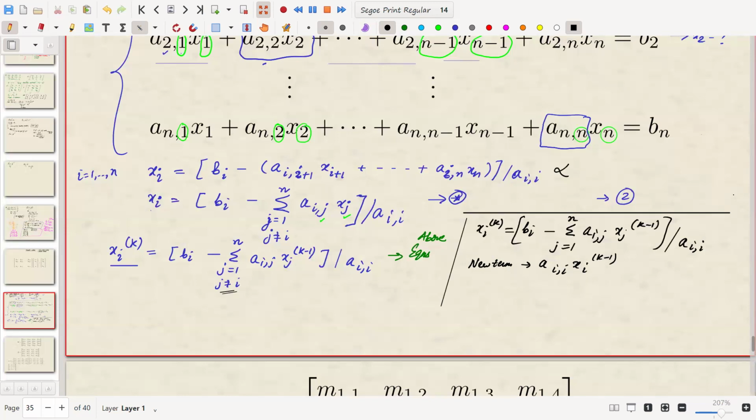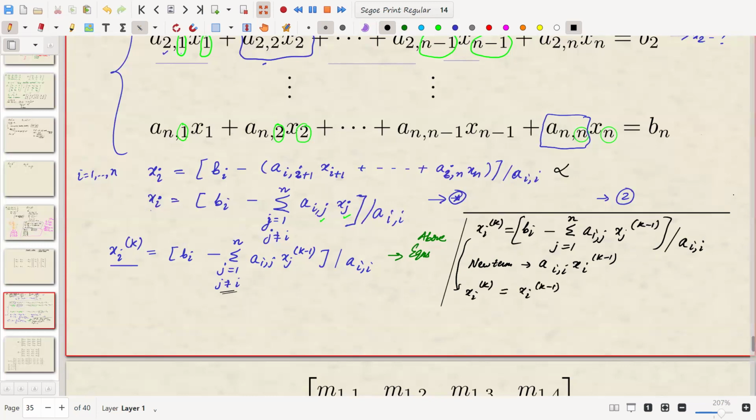Now why it is being added? It might seem like something we are doing artificially. It has a purpose. What purpose it has? Suppose it went inside that summation. Then you have a_ii here and you're dividing by a_ii, fine, they will get cancelled, isn't it? How then will this look? x_i at the kth step is equal to x_i at k minus 1 step.